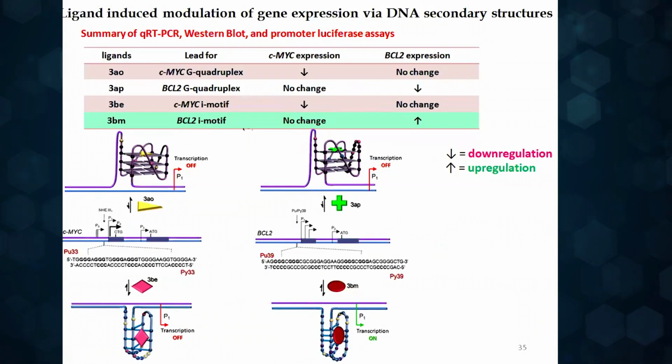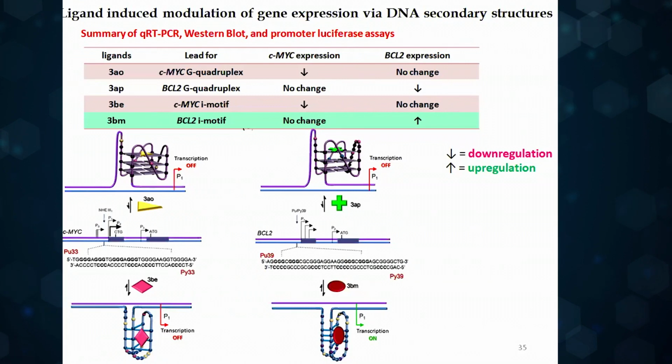So this is the summary of these results of qRT-PCR, Western blot and promoter luciferase assays, which shows that the lead compound for CMYC quadruplex and CMYC I motif can reduce the CMYC expression without affecting the BCL2 gene expression, and the BCL2 quadruplex lead did not alter the CMYC expression but reduced the BCL2 gene expression.